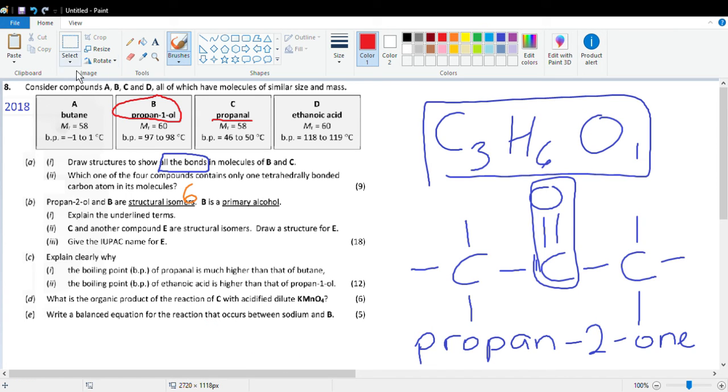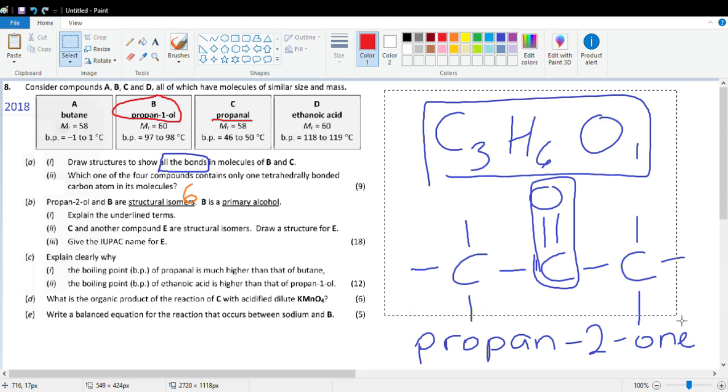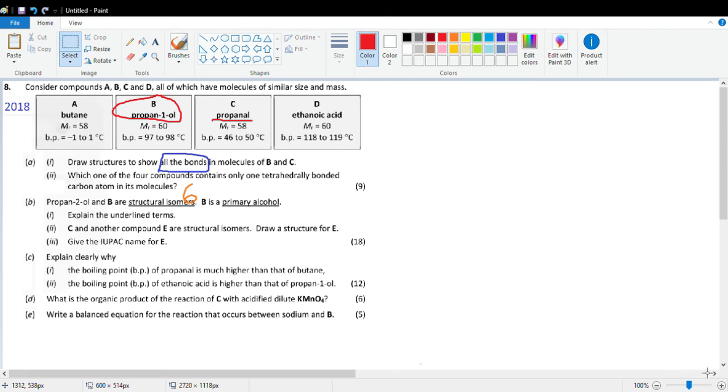Part C then is explain clearly why the boiling point of propan-al is much higher than that of butane. So the reason for that, propan-al has dipole-dipole forces. So if we look at the structure of propan-al, the ending of it, so I'm not going to draw out the whole thing, but the ending of an aldehyde, so this would work for any aldehyde, we do have polarity here.